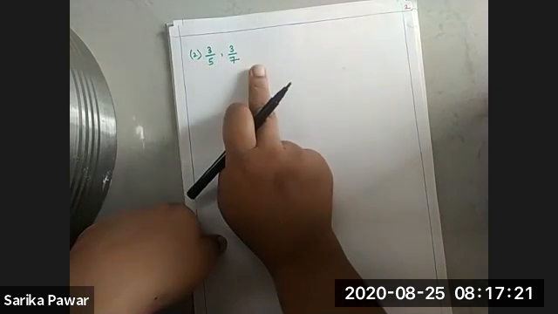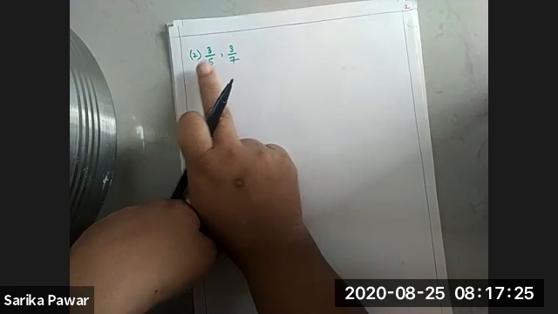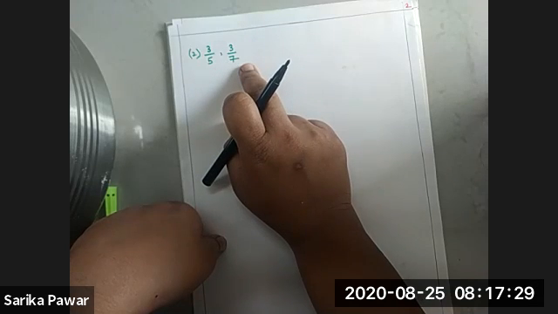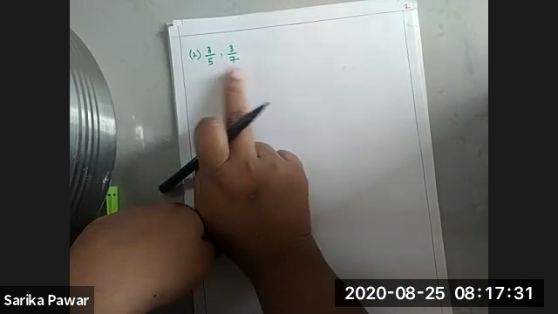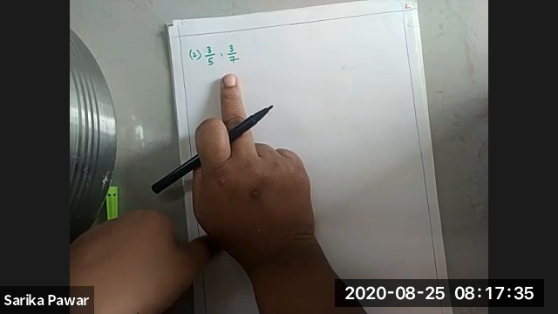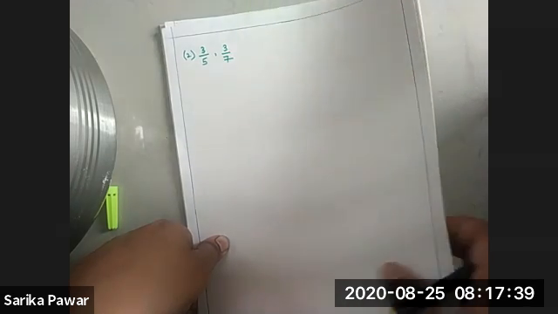In the given fractions, the numerator is 3 and the denominator is 5. And in the other, the numerator is 3 and the denominator is 7. So both denominators are different. So what we have to do? We have to convert the given fractions into like fractions. For that, what we have to do first?